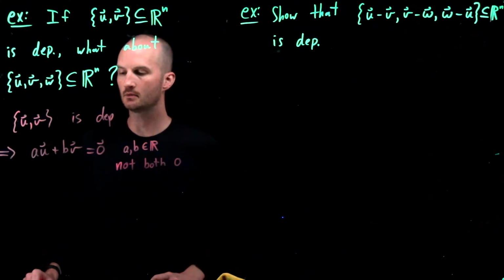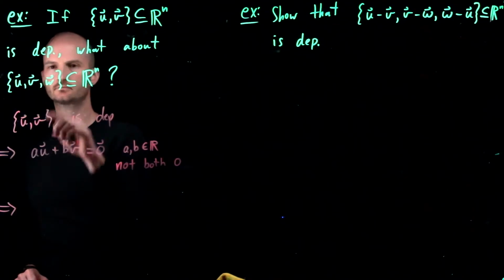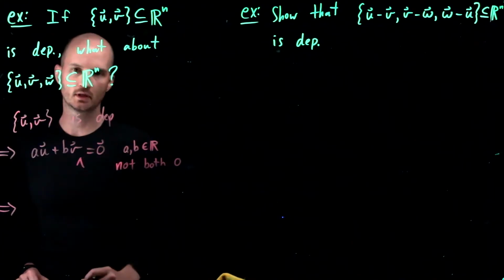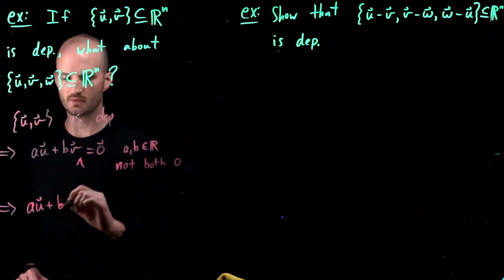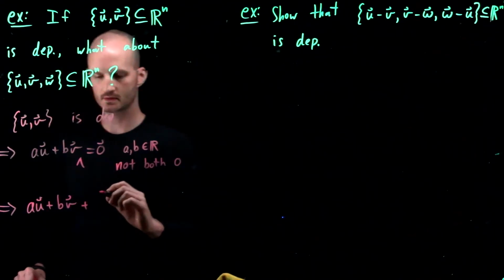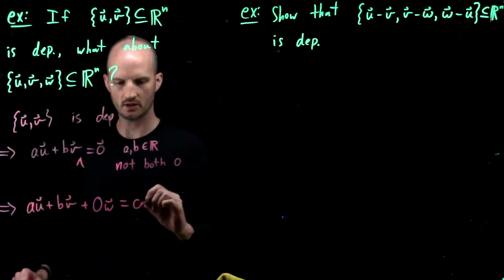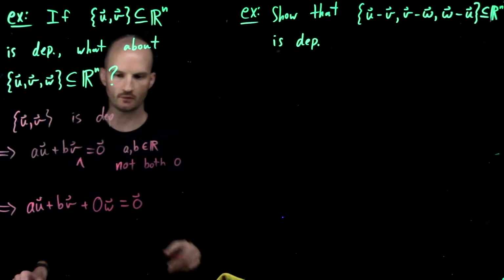And I can immediately get a dependence relation for this set here, just by inserting another term right there. Let's go aU plus bV plus, a little math trick, plus 0W is still equal to 0. Okay, this 0W is the 0 vector.